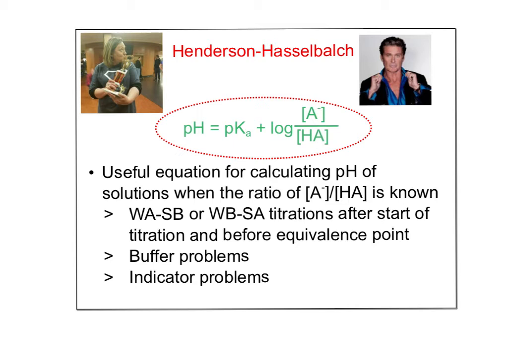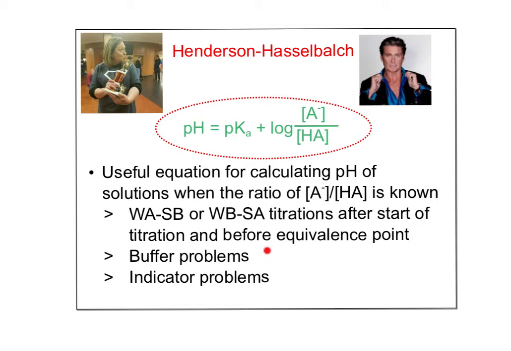You can either do an ICE table with starting amounts of both of those items, or you can use an equation called the Henderson-Hasselbalch. This is useful for finding the pH of solutions when we know the ratio of HA and A-, which we do at that point of the titration, after the start and before the equivalence. And so we use it again for weak acid, strong base, or weak base, strong acid titrations after the start and before the equivalence.